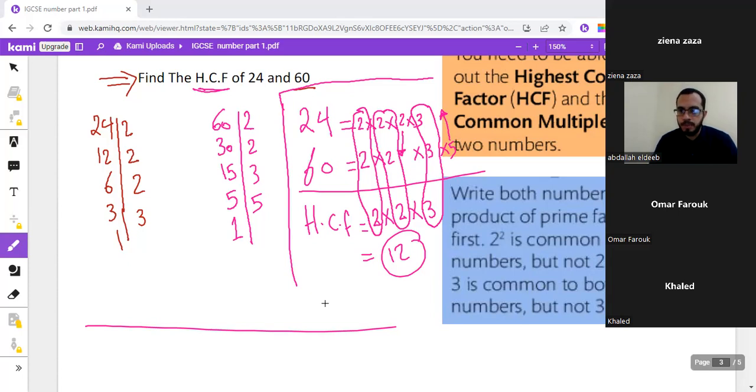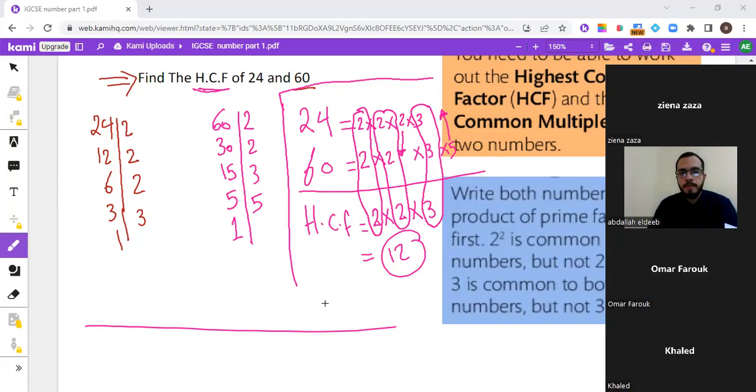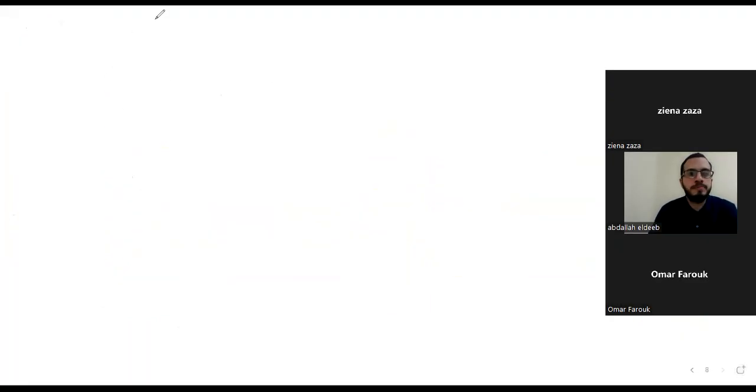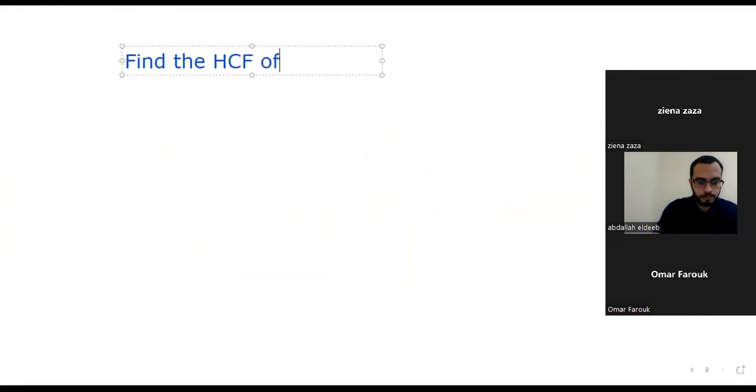Let's solve another example to understand more, okay? And please copy with me. Find the HCF of 36 and 24.